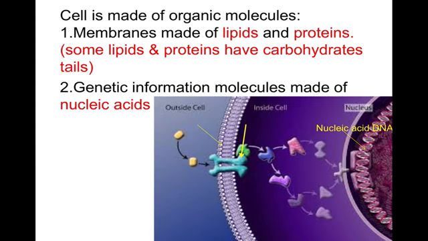So a quick review. Our chromosomes, which carry the genetic information, are made of organic molecules called nucleic acids, whereas our membrane is made of lipids, and the little exit and entry spots in our cell membrane which allow charged particles to pass through are made of proteins.